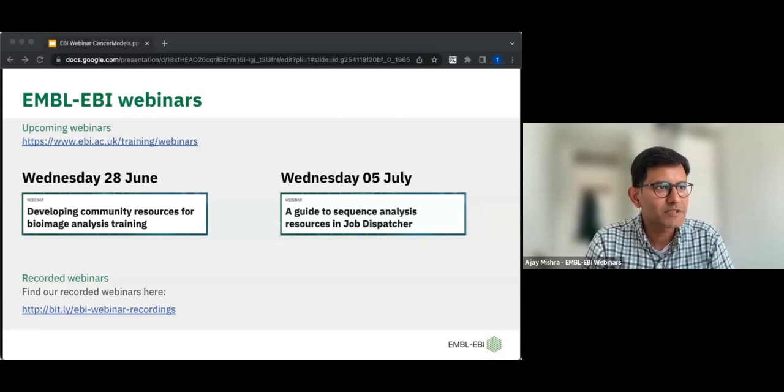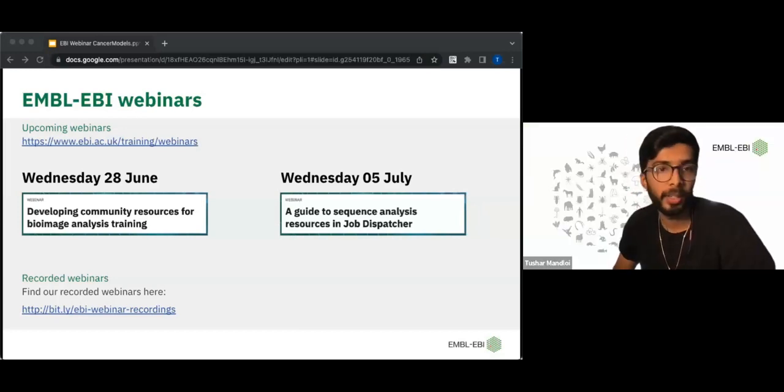Okay, so one question has come in. Would you please show us the clue to use a cancer model along with medical images for cancer prediction? So right now we haven't made the image data for the cancer models available on our resource yet, but it's work in progress.